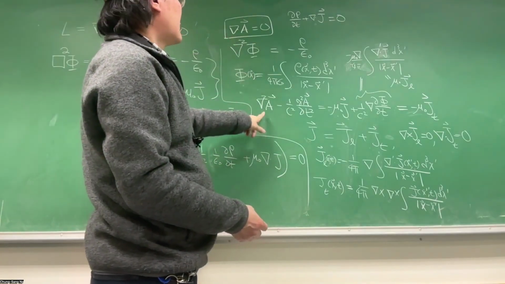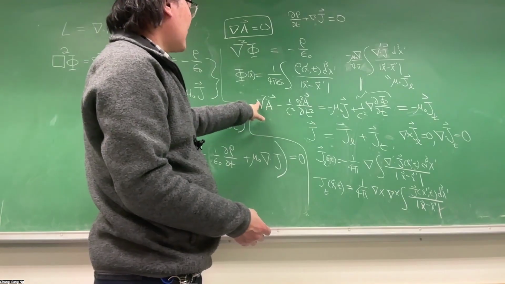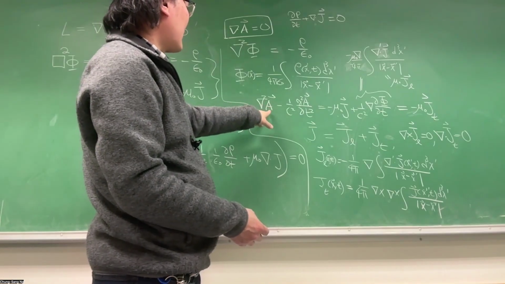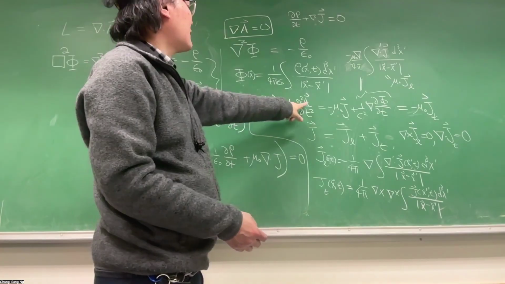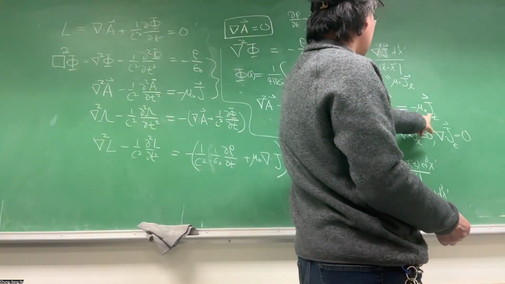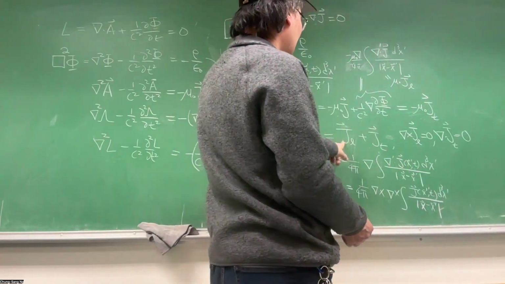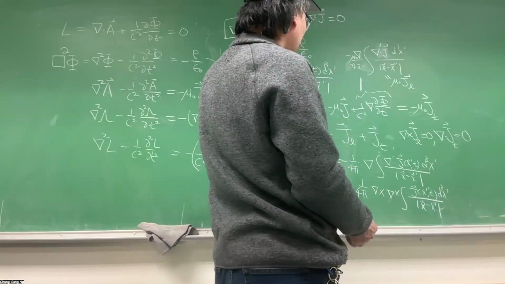Or you can, by this equation, take the divergence of that. This becomes the d'Alembert operator on divergence A, and this becomes divergence of J sub T.